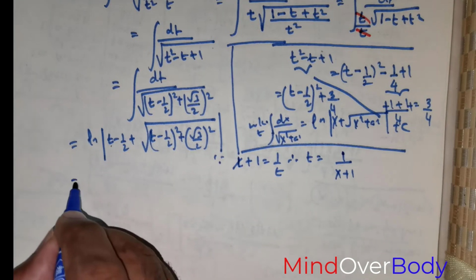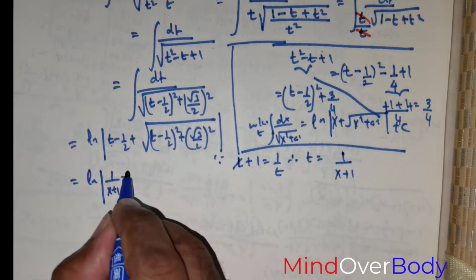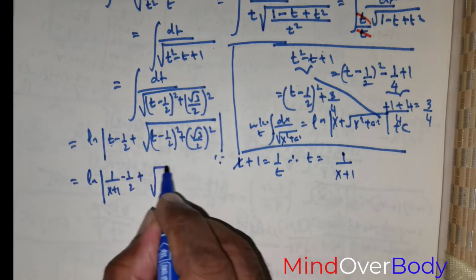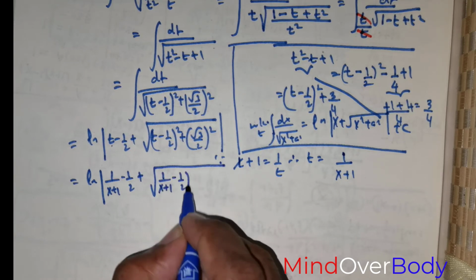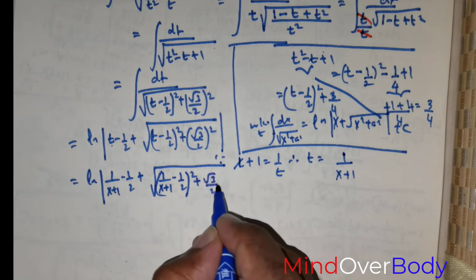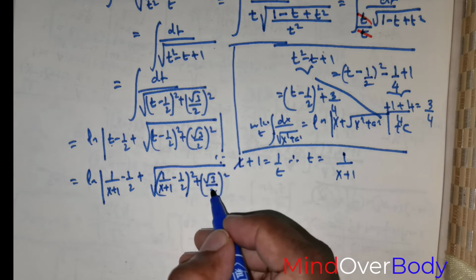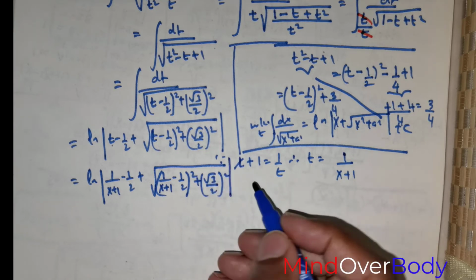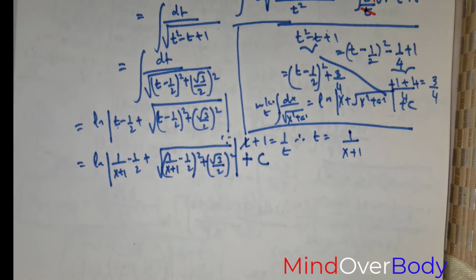So that in turn is going to be ln of modulus of 1 over x positive 1 negative 1 over 2, positive root of 1 over x positive 1 negative 1 over 2 raised to the power of 2 positive root of 3 over 2 raised to the power of 2, with the modulus sign and the arbitrary constant positive c.